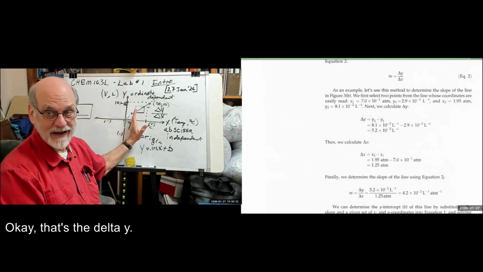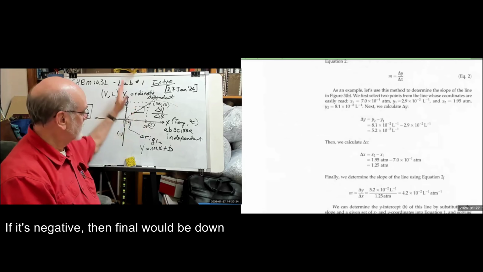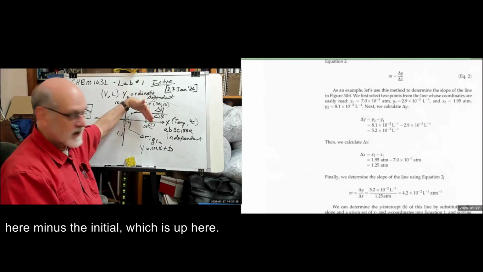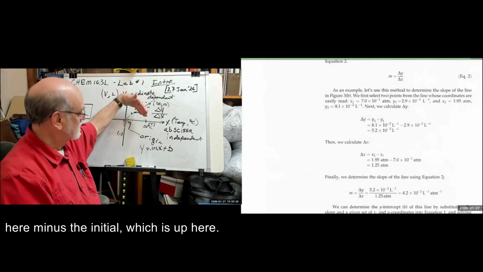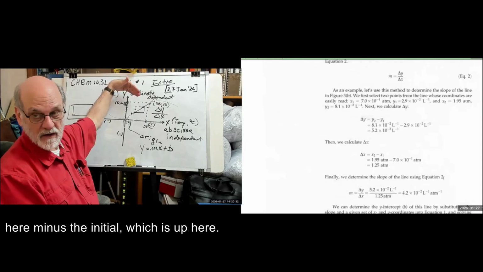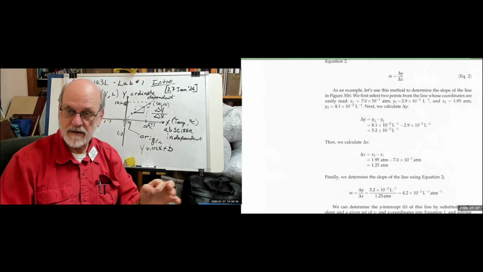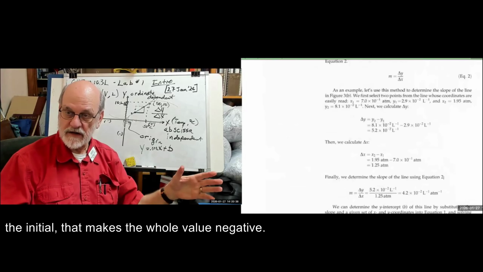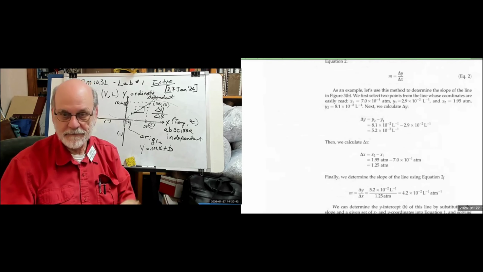Okay, that's the delta y. If it's negative, then final would be down here minus the initial, which is up here. That's why it's negative, because the final is a smaller number than the initial. That makes the whole value negative.